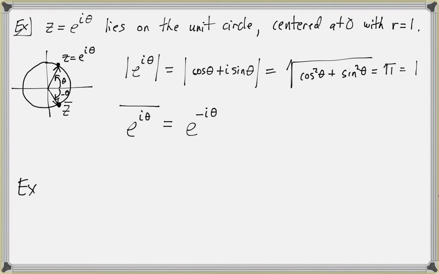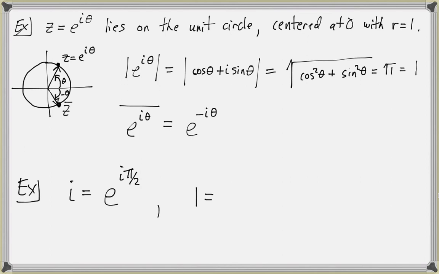Let's look at some complex numbers lying on the unit circle. The imaginary unit I can be represented in exponential form as e to the I pi over 2. That would be the argument of I. The real number 1, the principal value for the argument of 1 is 0. This won't give us a useful expression for 1 in exponential form.